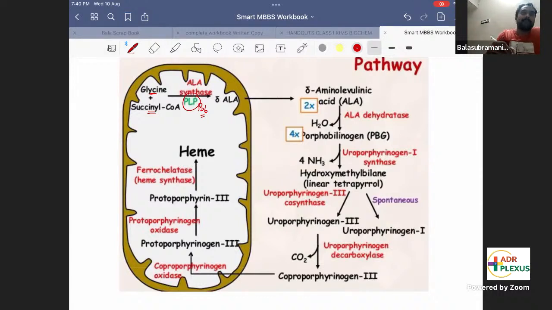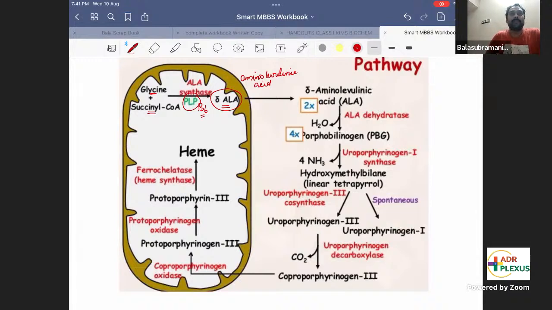The first step is glycine plus succinyl-CoA giving rise to delta aminolevulinic acid. That component migrates from the mitochondria to the cytoplasm.